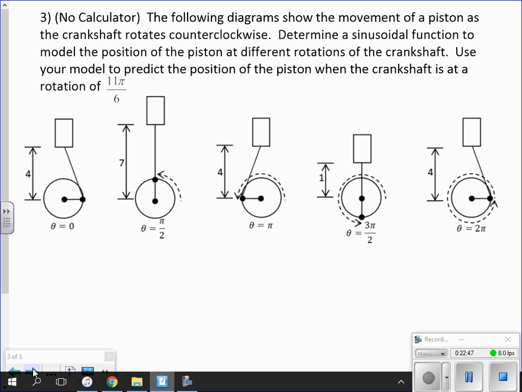First thing when I look at this, I notice one thing right off the bat that makes things so much easier. What's our period? Our period's 2 pi. How far does it go till it cycles all the way through? One full rotation of the circle gives me one full motion of the piston.